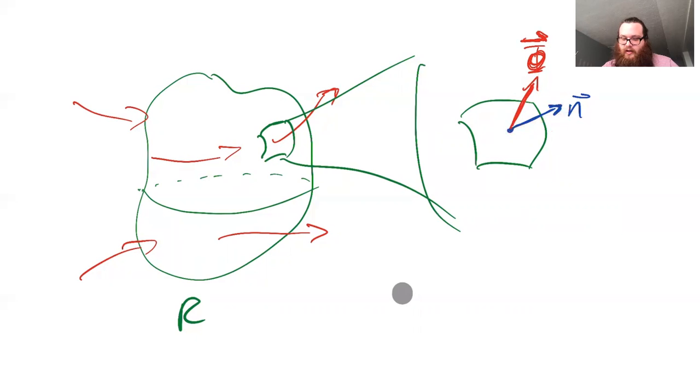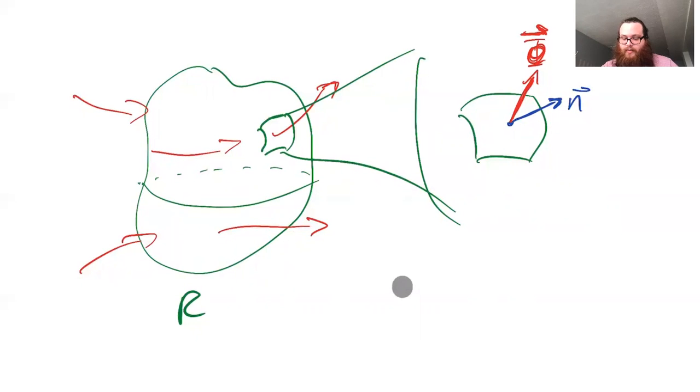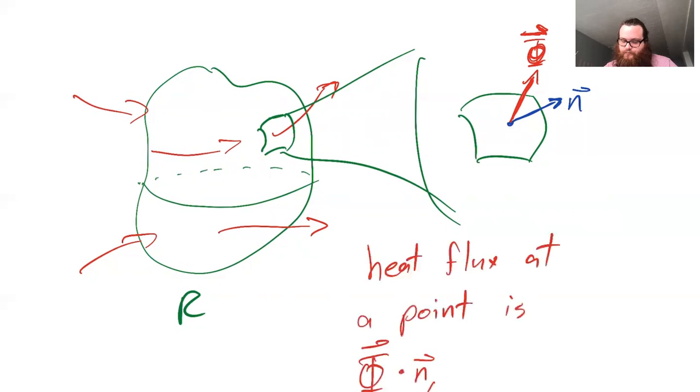Okay. So if we decompose phi into its normal component, the piece that's actually leaving, and the piece that's tangential to the surface, the only place that we're going to get energy leaving is from whatever component of phi is parallel to the normal. Okay.